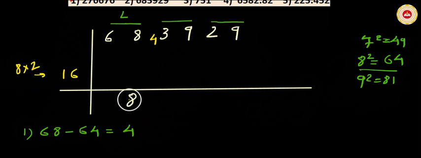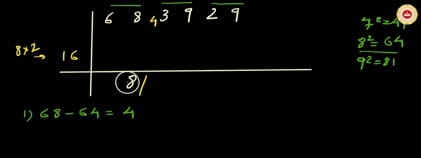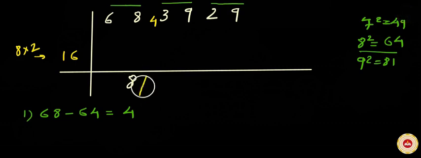Now let me separate this 8 from the rest of the quotient digits. We are not going to involve this 8 in the calculation of the duplexes. We involve only quotient digits in the calculation of the duplexes. We haven't got this 8 as a result of division, so I have separated this 8.